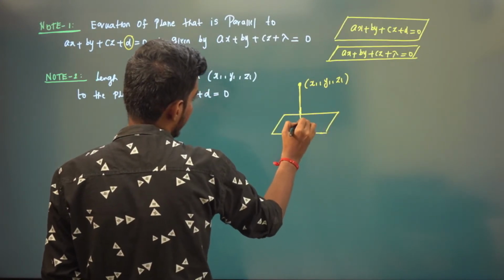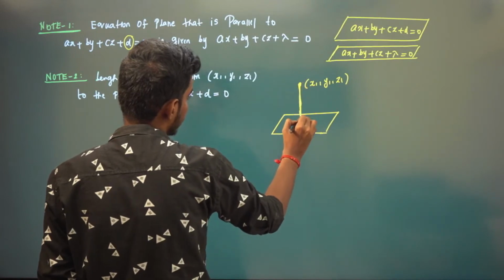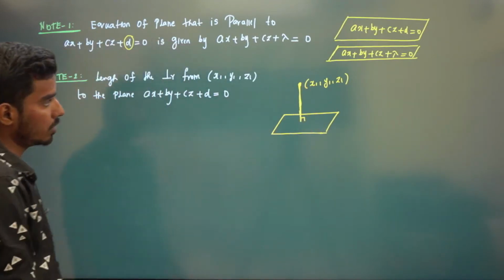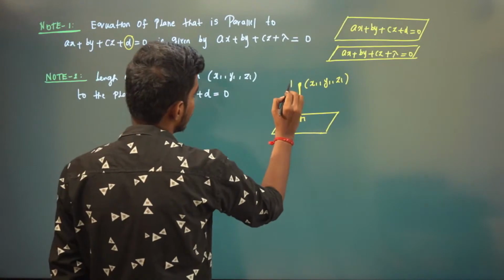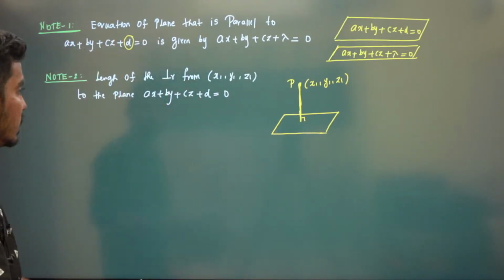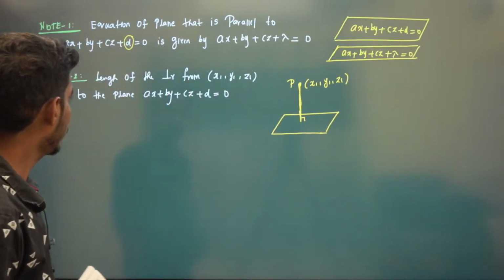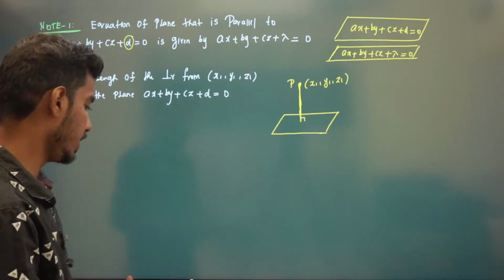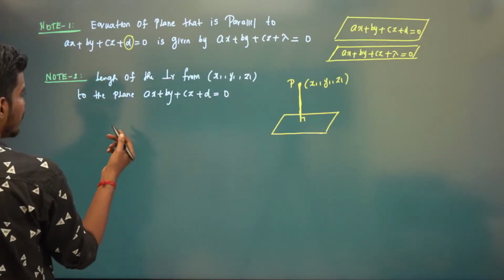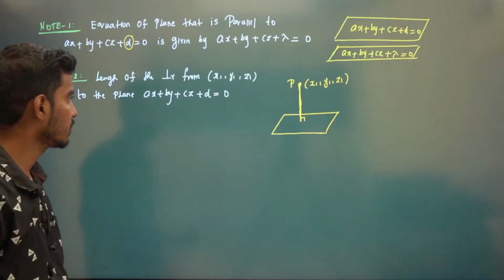I'm just going to find this length. Let us say this is our point P. So the length of the perpendicular from the point to the plane, let us call this by some notation; you can use any notation.